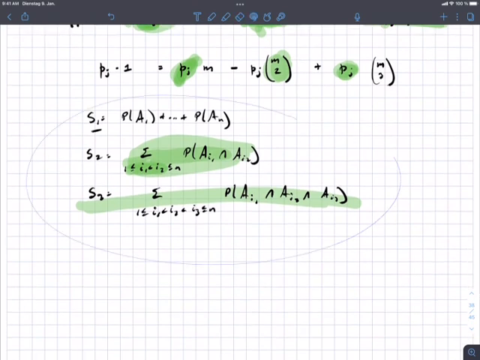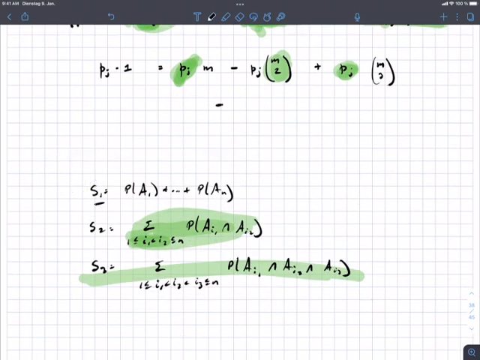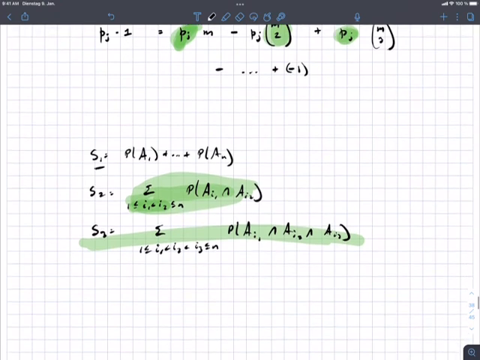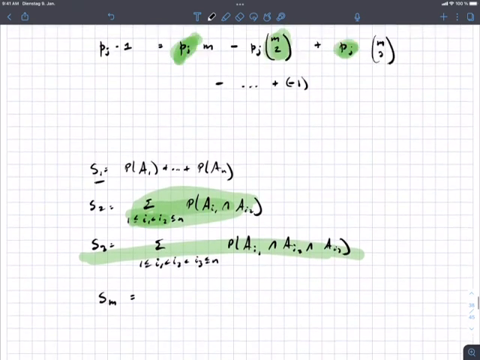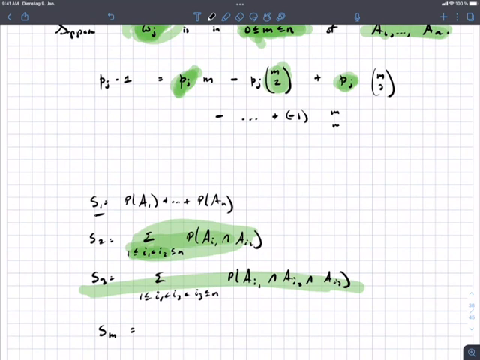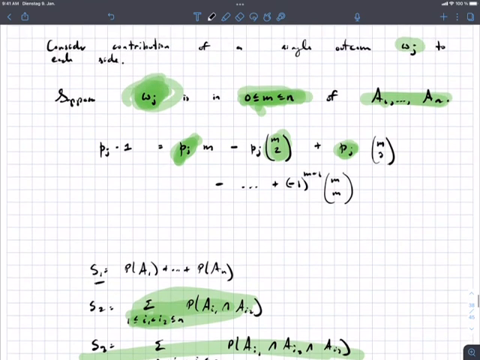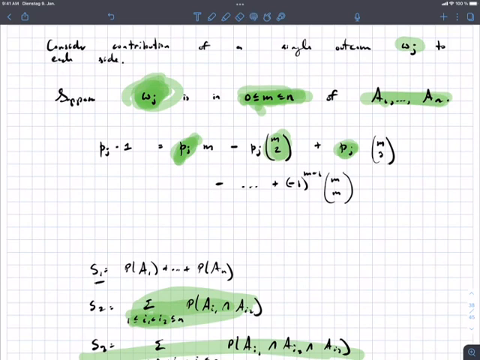And so if at this point I put dot, dot, dot, and then I've got this end of the formula, I'm going to come out to Sm, where I would be adding up m choose m, and this would be with sign minus 1 to the m minus 1, times that probability pj associated with that outcome.